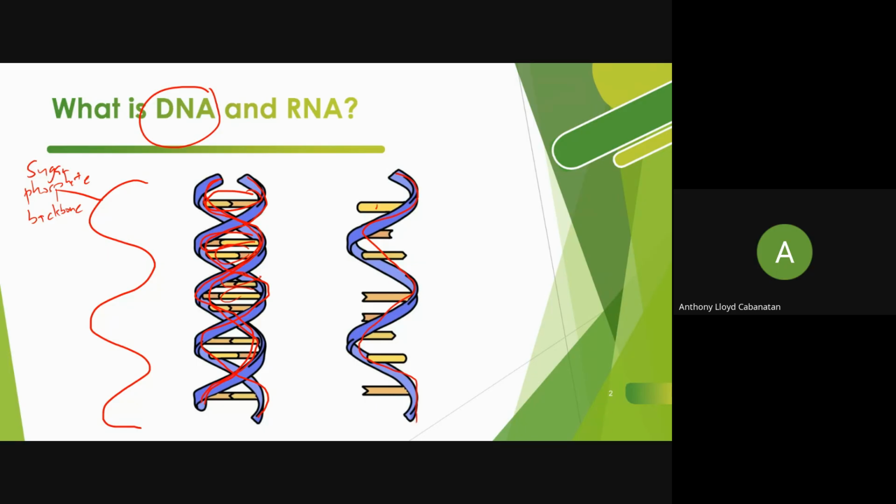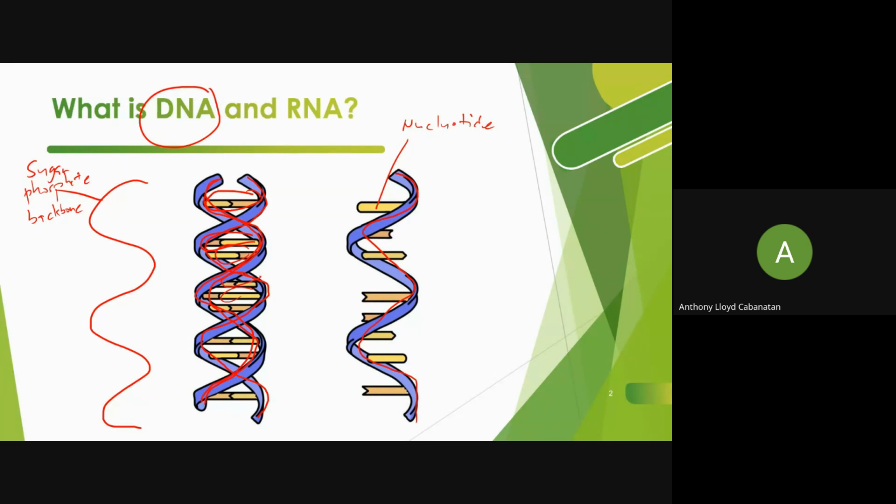Okay. And then there's some base pairs, no? Or nitrogenous, or tawagin natin, sabihin natin nucleotide. Nucleotide or nitrogenous base. So either DNA or RNA, pwedeng single-stranded or double-stranded. Especially when we're talking about other organisms such as viruses. May mga viruses tayo na double-strand, meron tayong mga viruses na single-strand.